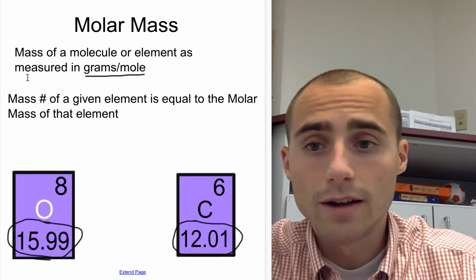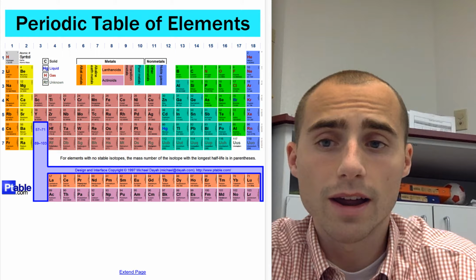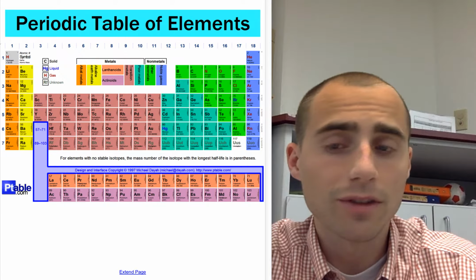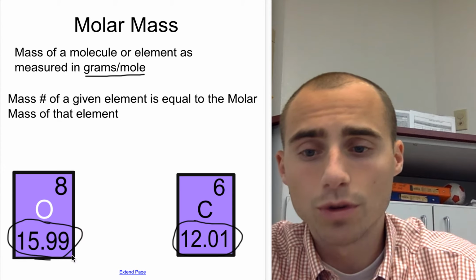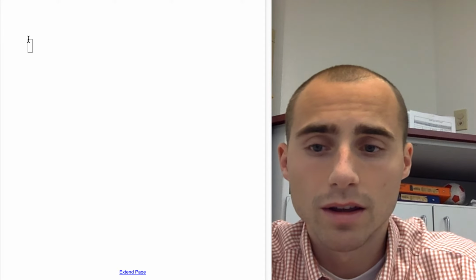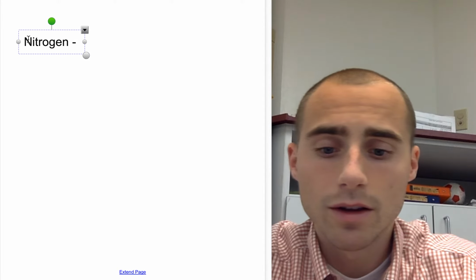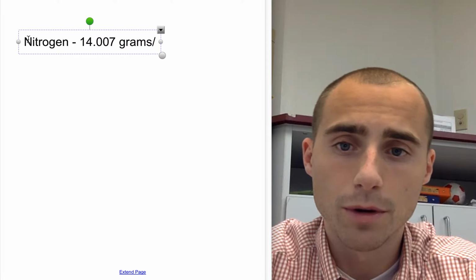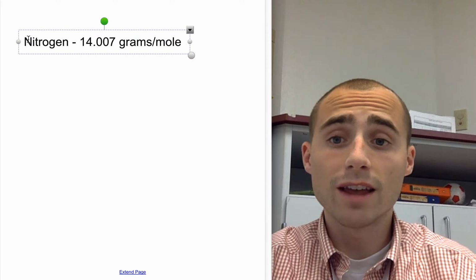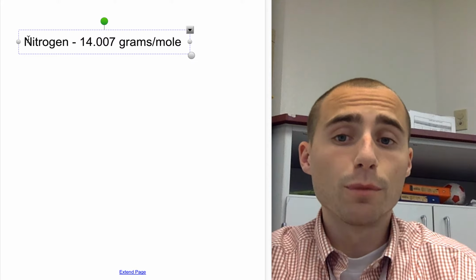Therefore, the molar mass of nitrogen is 14.007 grams. It's just the same as the mass number. The mass number, remember, of a given element is equal to the molar mass of that element. So nitrogen's molar mass would be 14.007 grams per mole.